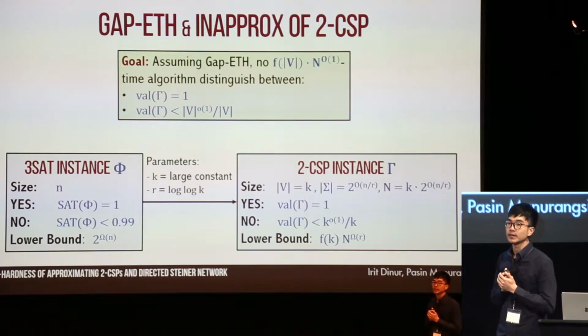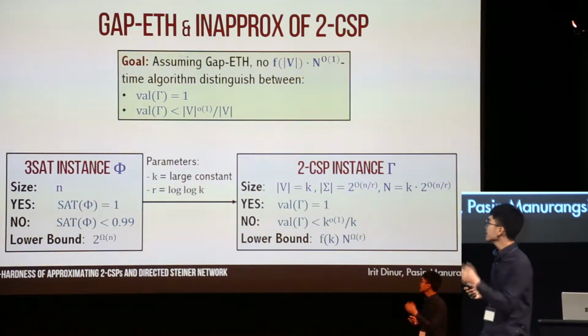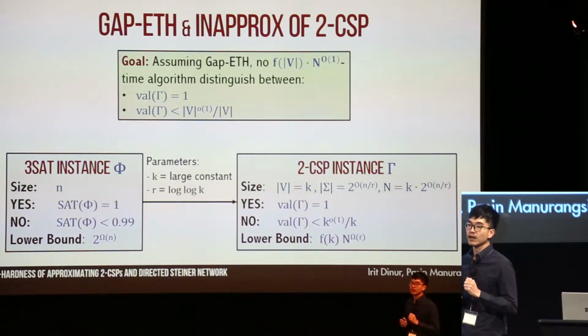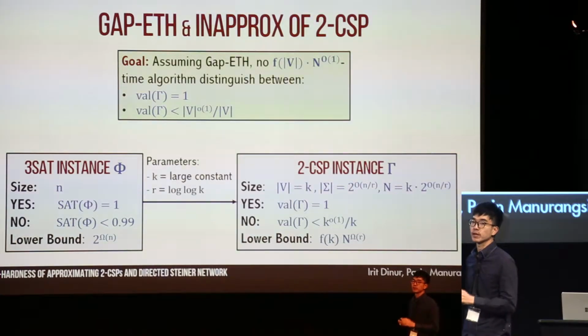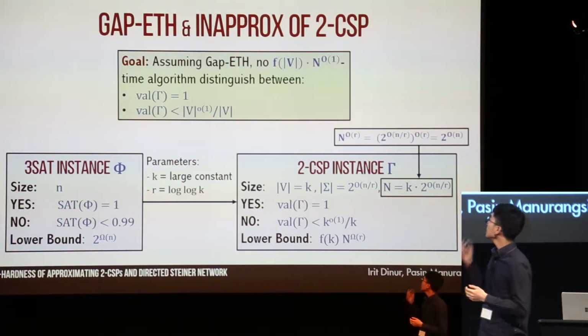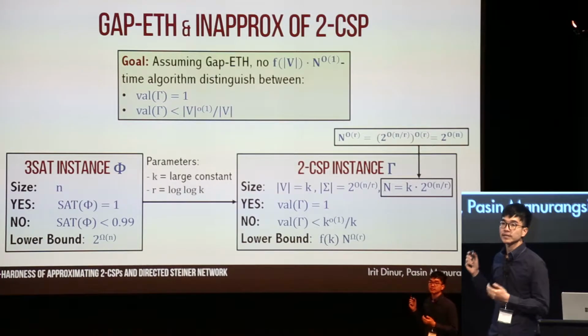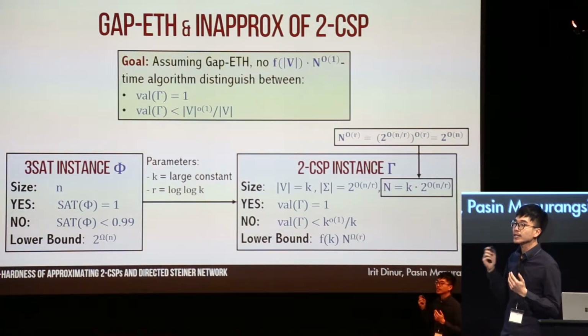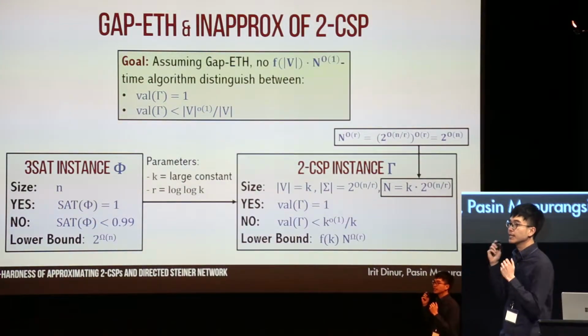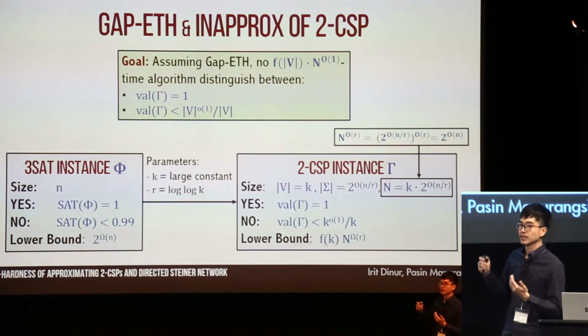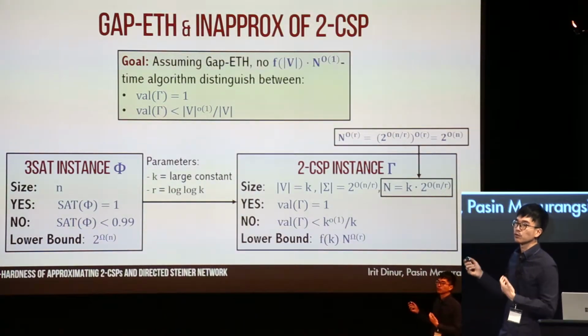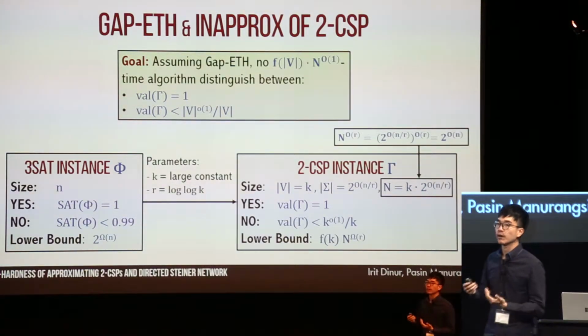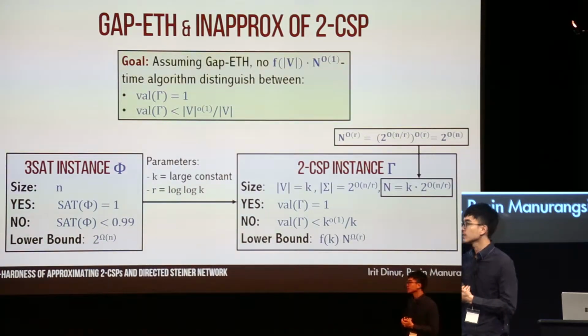It will be exponential in n over r. In the yes case, the 2CSP will be satisfiable. In the no case, the value will be small, and we will get our result. In particular, since the size is now exponential in n over r, the running time lower bound that we get is big N to the r, which is big N to something like log k, something that grows with k. So indeed, we rule out polynomial time algorithms.